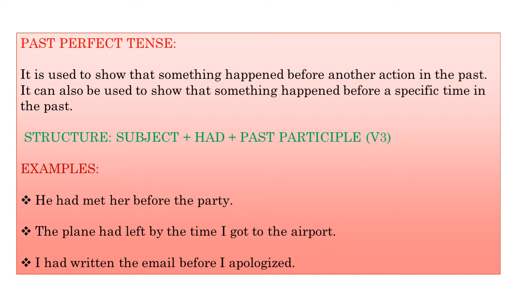Here in this sentence, we have mentioned the time, stopped by 6 o'clock. In another example sentence, the film had begun before we took our seats. That means here we didn't indicate any time, but still we could understand. And the structure of this tense is subject plus had plus past participle form, that means V3 form.